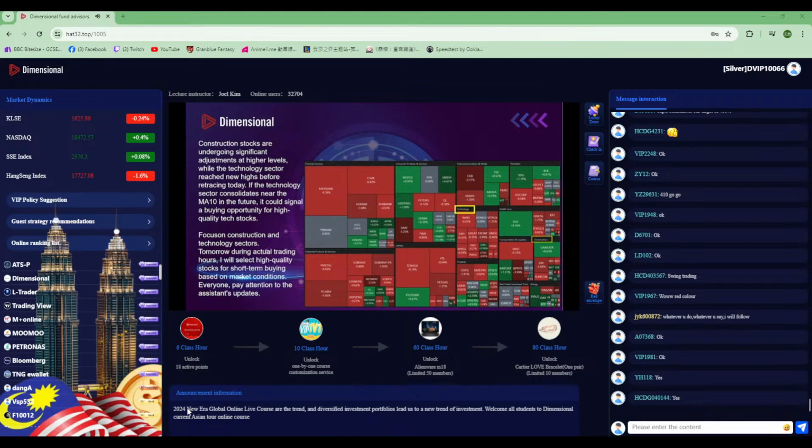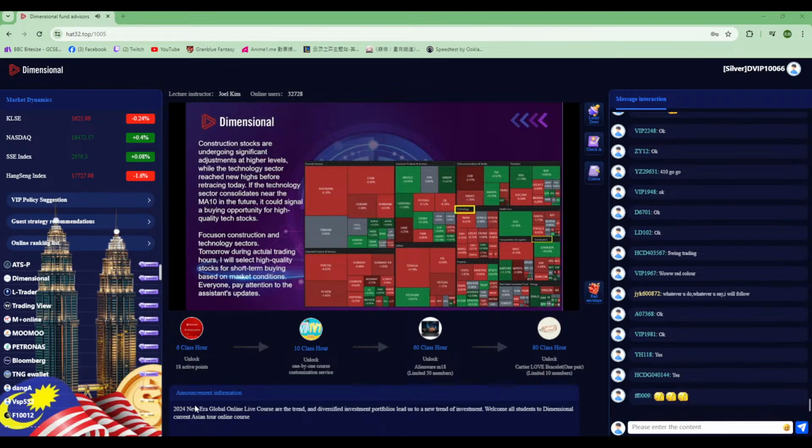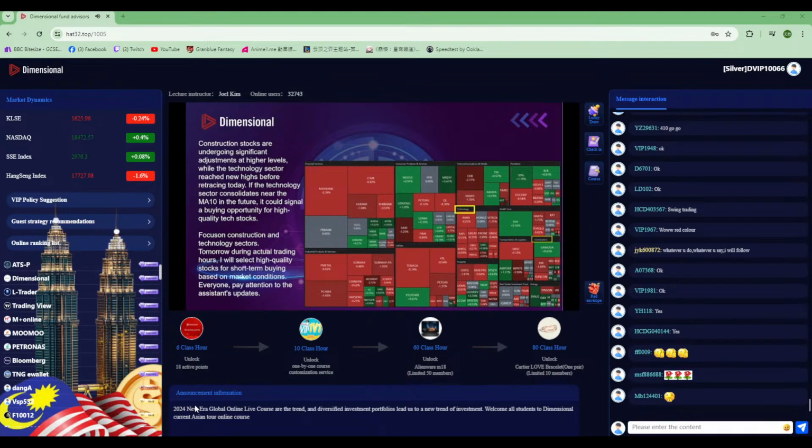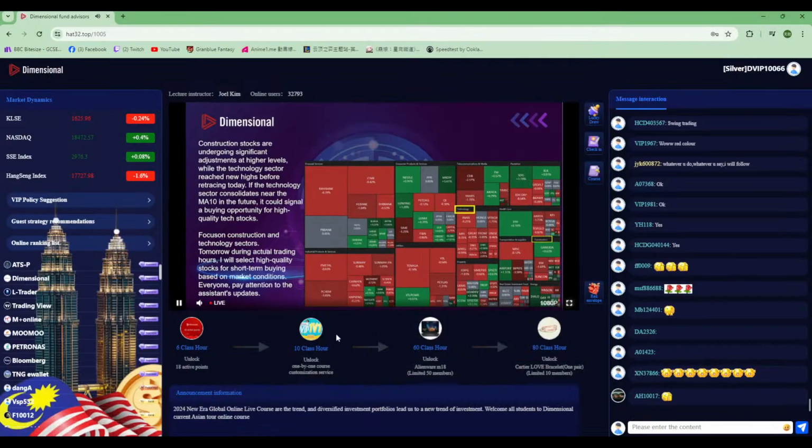Now, it's crucial to monitor whether the stocks break through significant support levels during the decline or not. Floating position is advisable if this level holds, right? Understand? Construction stocks are undergoing significant adjustment at high levels, while technology stocks reached new highs before retracing today.